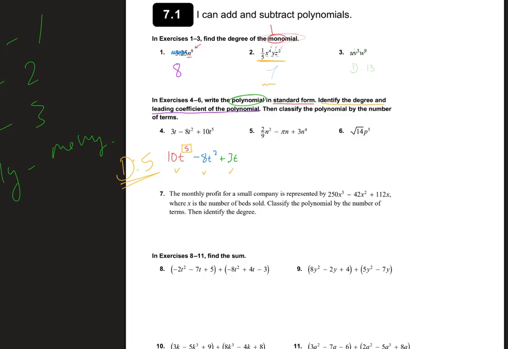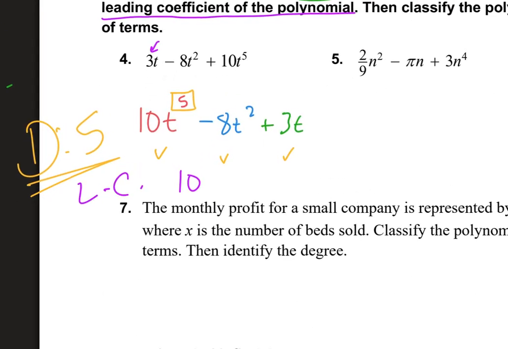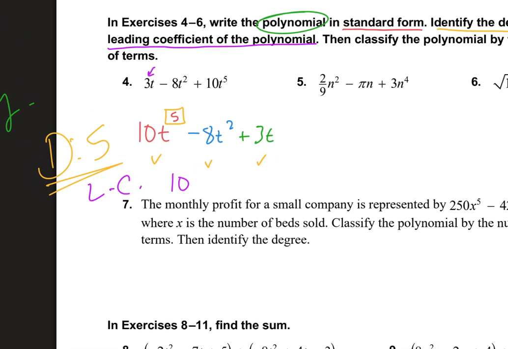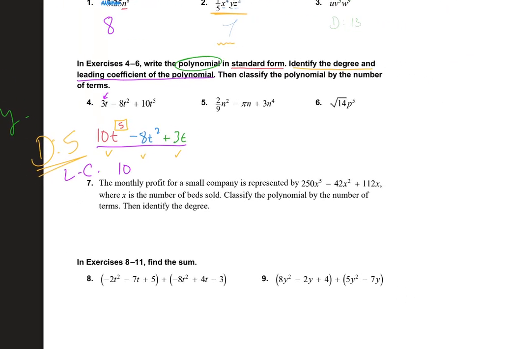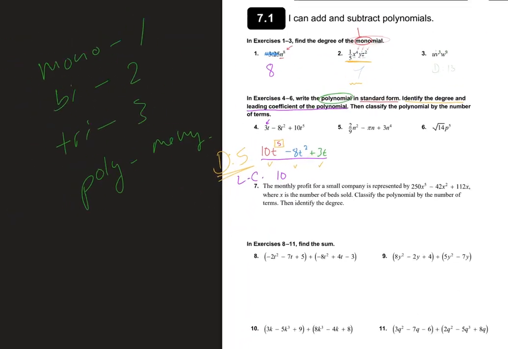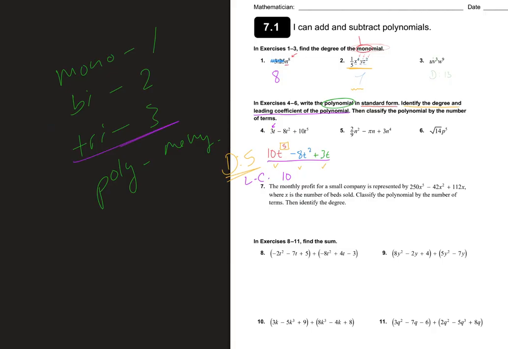Well, the leading coefficient, LC, is going to be 10. And if you're like, well, I would have chosen 3 because he was out front. Yeah, it was until it was in standard form. And this is standard form. And then classify the polynomial by the number of terms. Well, hey, trinomial, right?